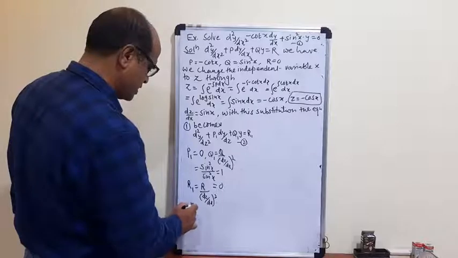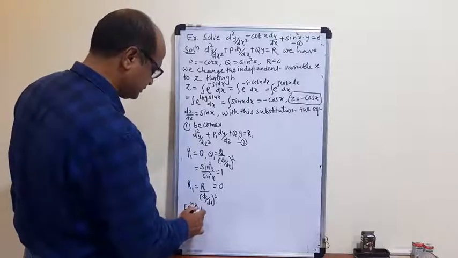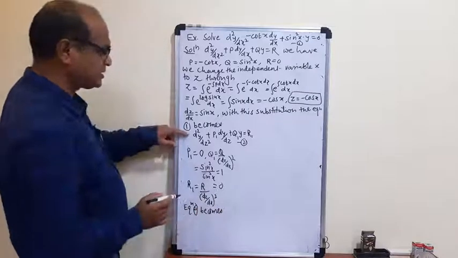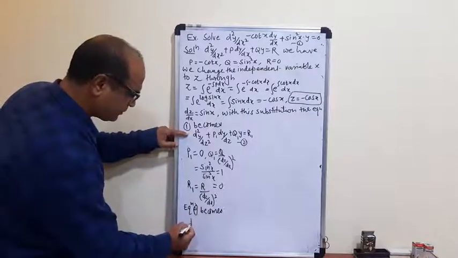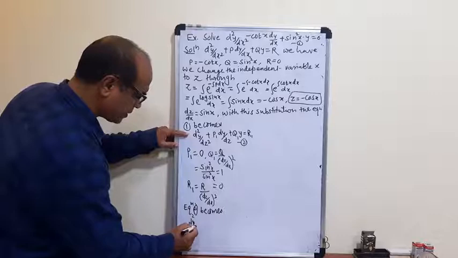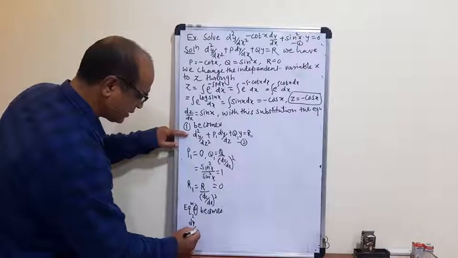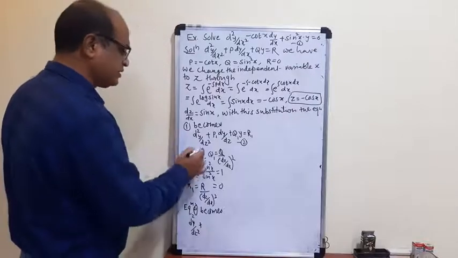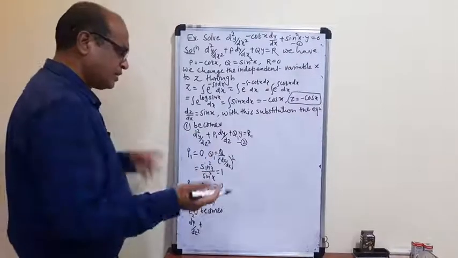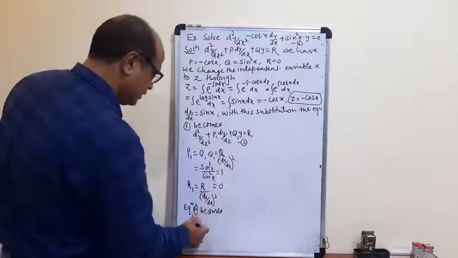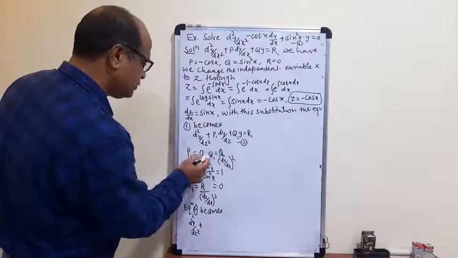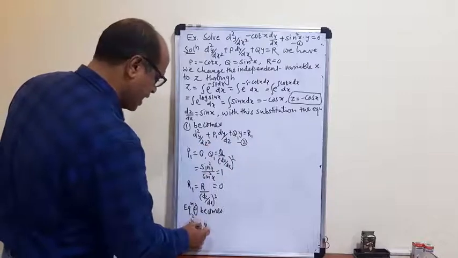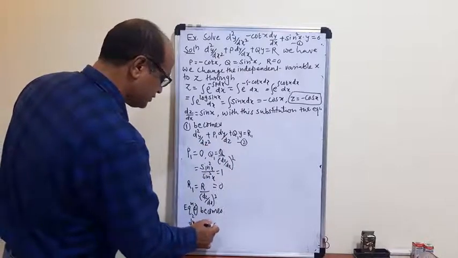Equation 2 becomes d2y by dz square plus p1 is equal to 0, so that is q1. What is q1? q1 is 1. So plus y is equal to 0.